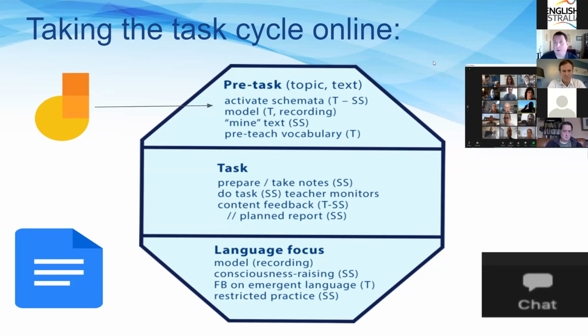So first of all, on the top left, we can see Jamboard, Google Jamboard, and we'll be demonstrating, as Neil mentioned, a couple of examples shortly. It's an ideal tool as an interactive collaborative whiteboard, essentially. It's an ideal tool for many of the things that one would do in the pre-task and the task phases of the cycle, whether that's generating ideas, brainstorming, because you're using, for instance, sticky notes.